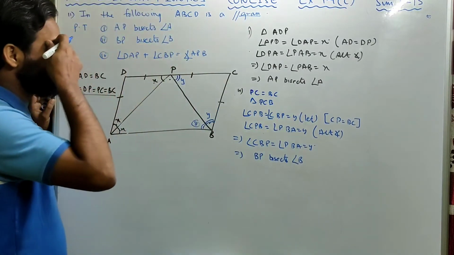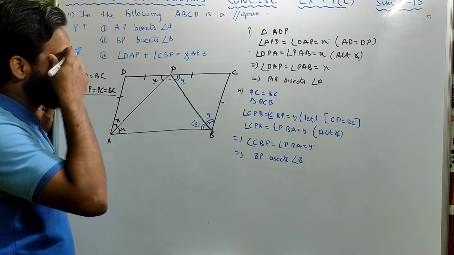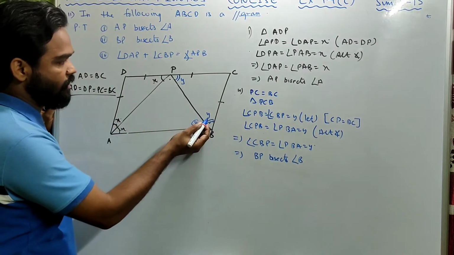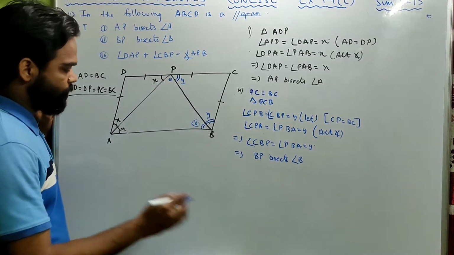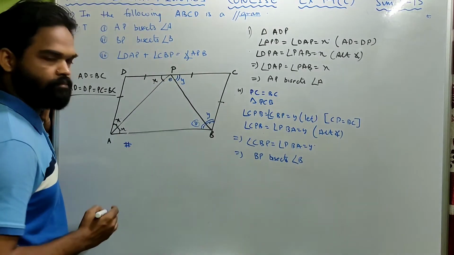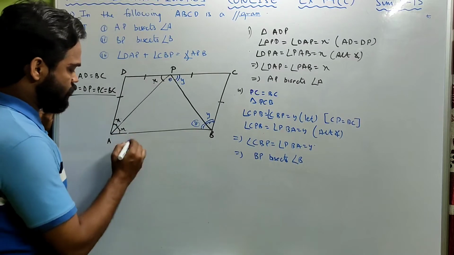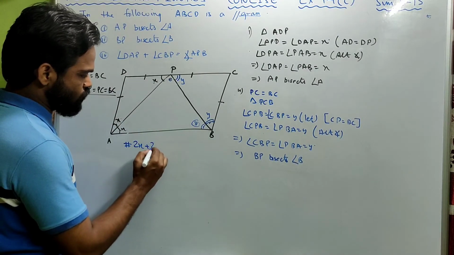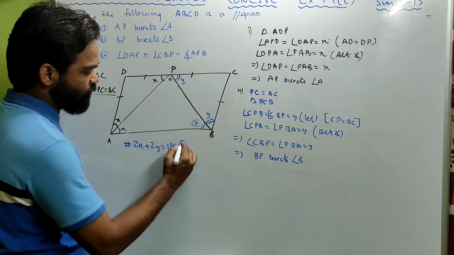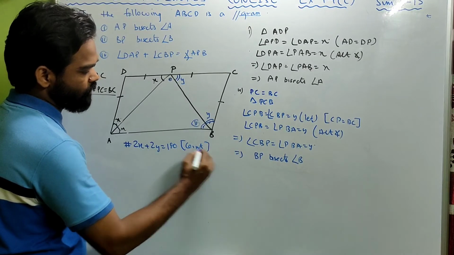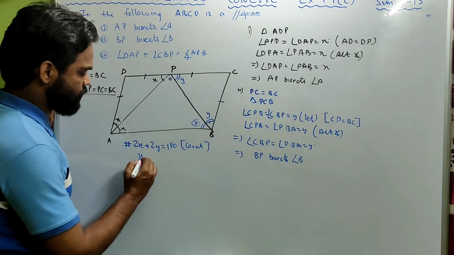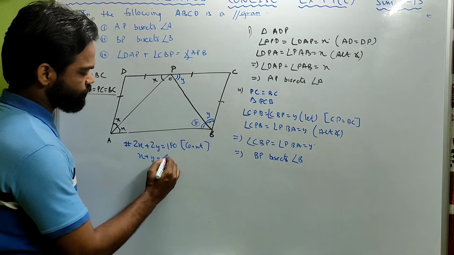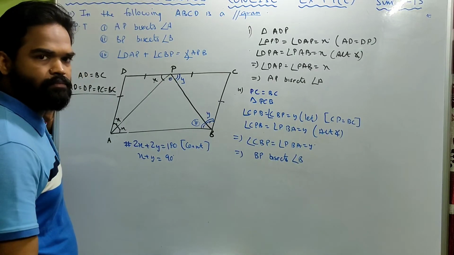Done. Okay, now we need to prove that this angle plus this angle is equal to this angle. Pretty easy, just look over here. I can say that 2x plus 2y equals 180. Look at the figure, co-interior. The adjacent angles have to give 180 in a parallelogram, which means x plus y equals 90 degrees.